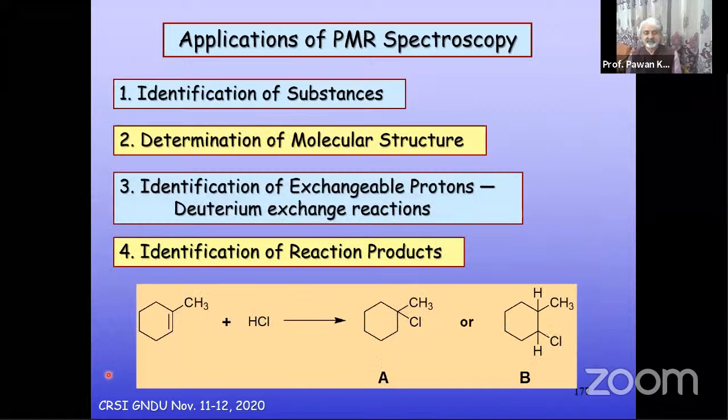Then we can monitor reactions based on NMR. Say, for example, if I have this methyl cyclohexene and I treat it with HCl, then 2 products are possible, A and B. On the basis of NMR, if my A product is there, then my methyl would be a singlet. But if my B product is there, then my methyl would be a doublet.